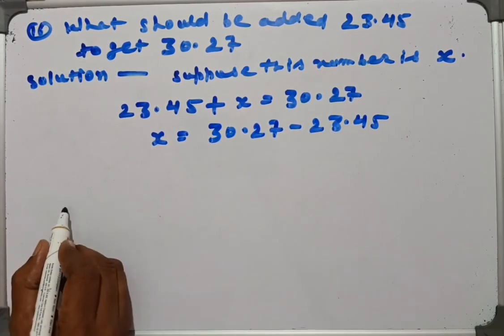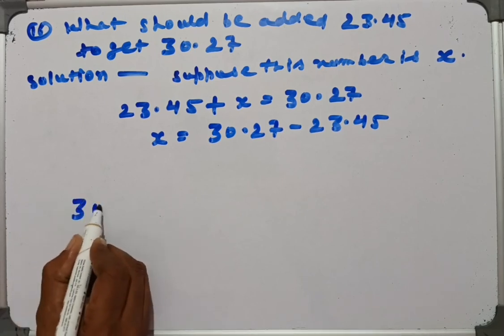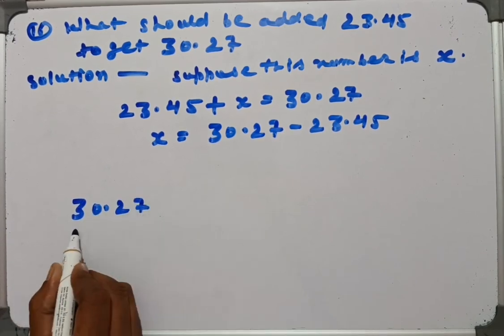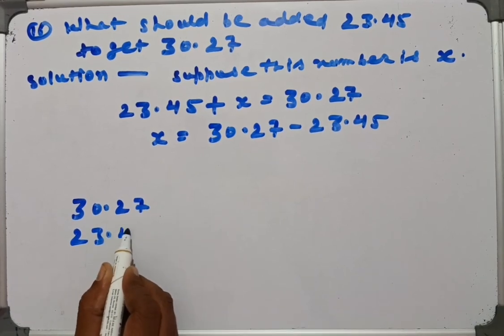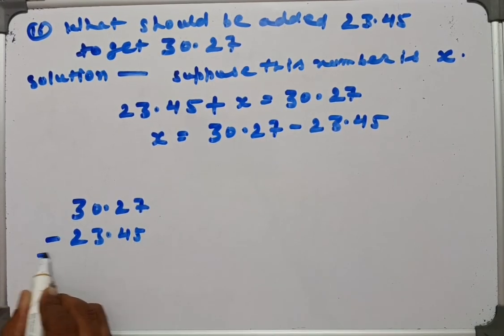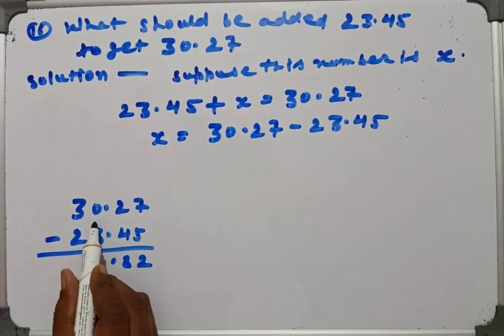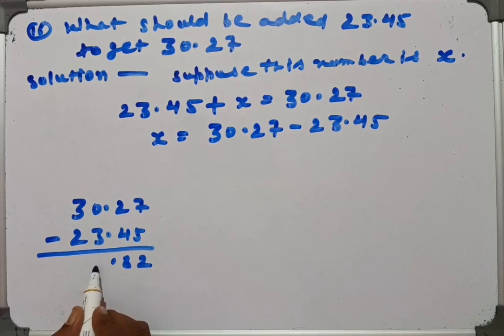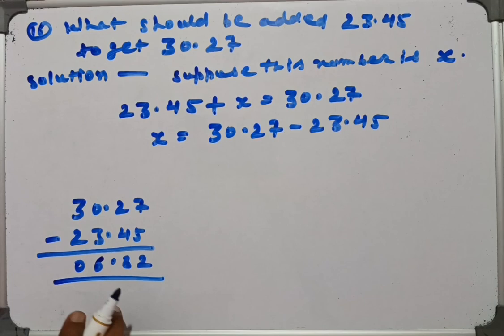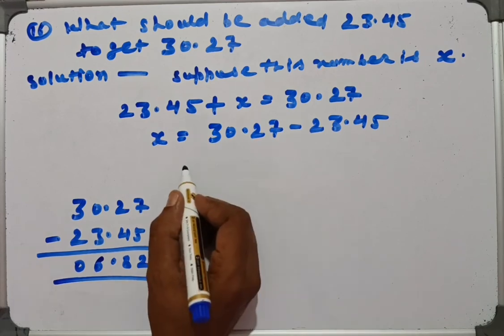So we write here 30.27, then 23.45, then make a subtraction. 2, 1 carry 12, 8, 9, then 6, 0.